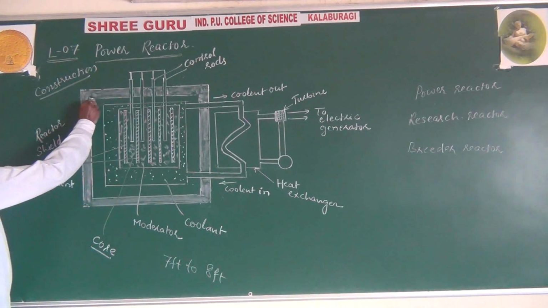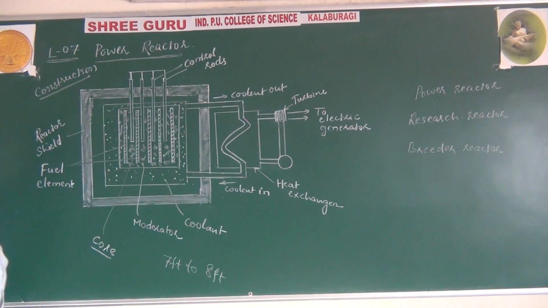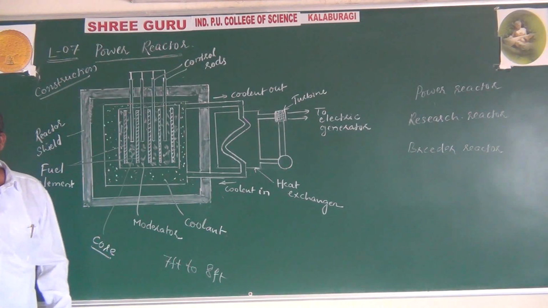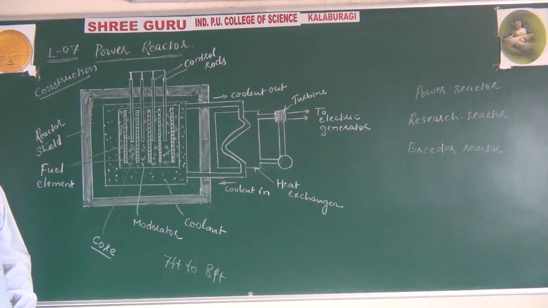The inner wall is also coated with metal sheets a few inches thick, so that the dangerous radiations emitted during the reaction should not penetrate.